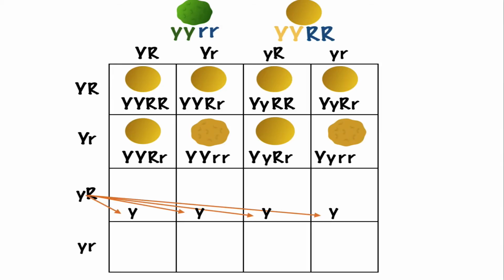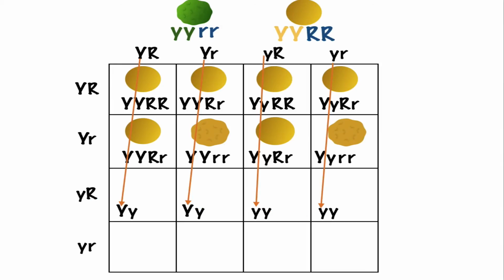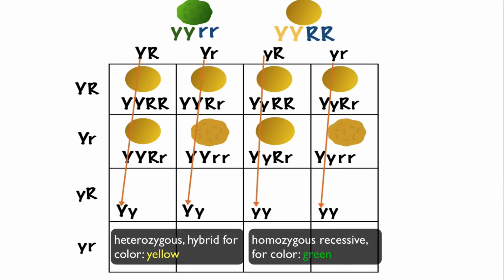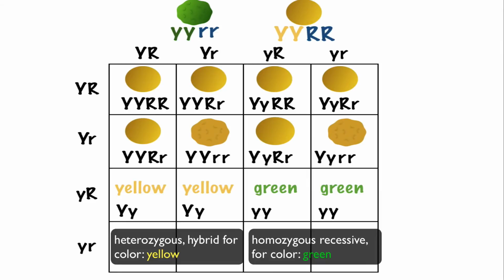Now what will the next row contribute? What will our columns contribute? So you'll notice on the far right, I have 2 recessive Y's, 2 homozygous recessives. So the 2 on the left will be yellow, but the 2 on the right are going to be green.